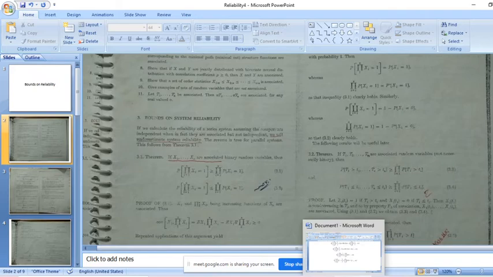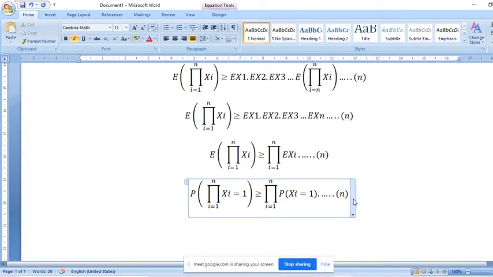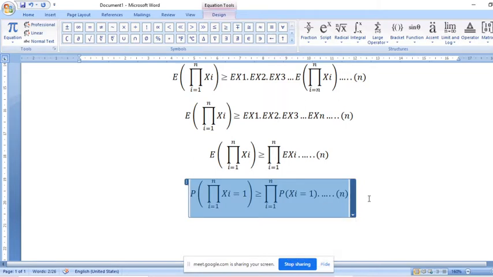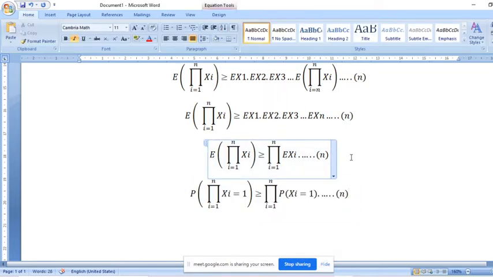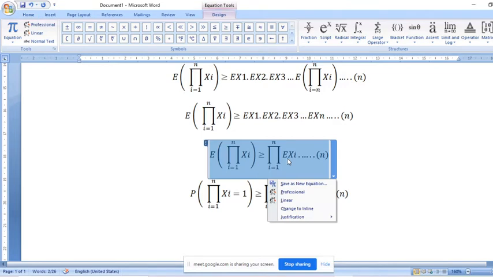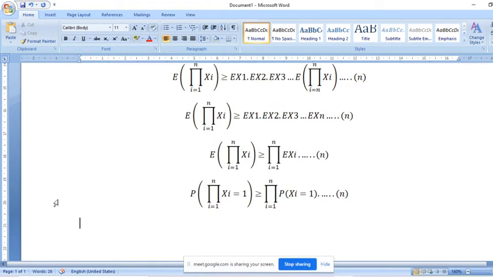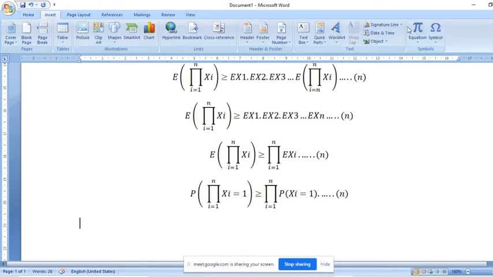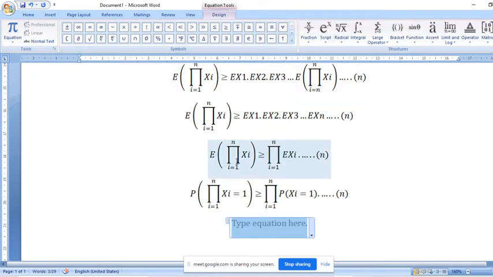Okay, now we can take the expectation of union. What is the expectation of union? Expectation of union i equal to 1 to n of xi.